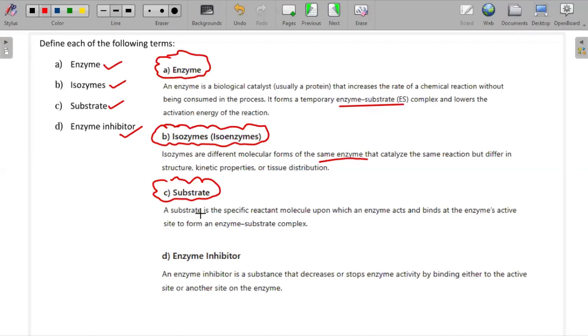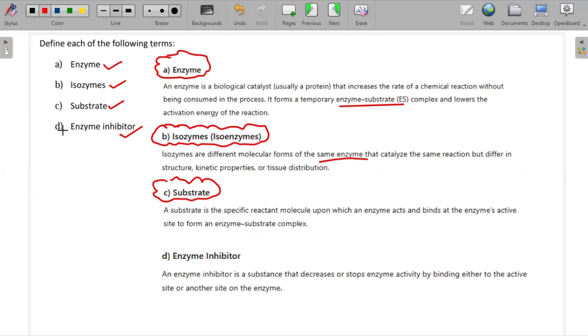So this substrate is simply the specific reactant molecule upon which the enzyme acts and binds to the enzyme's active site to form the enzyme substrate complex. I was writing the definitions here so that you can also be seeing them.